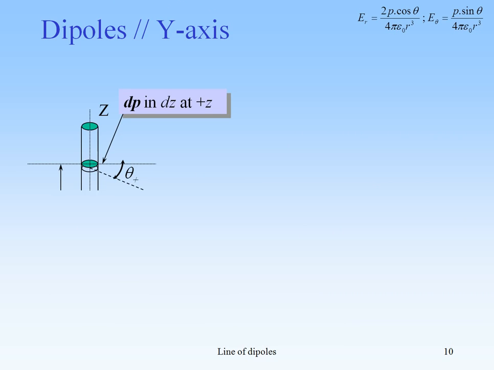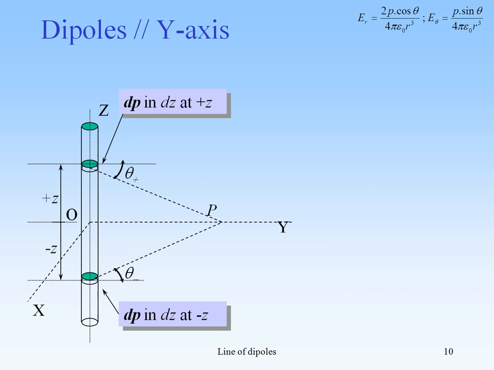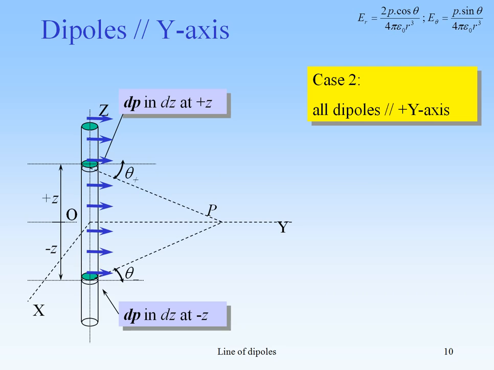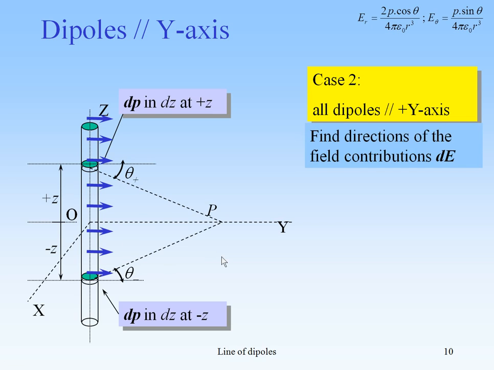Now we have the dipoles parallel to the y-axis, and this means that dp and dz have angles theta plus and theta minus, and the field contributions are E_r plus and E_r minus, and E theta plus and E theta minus.